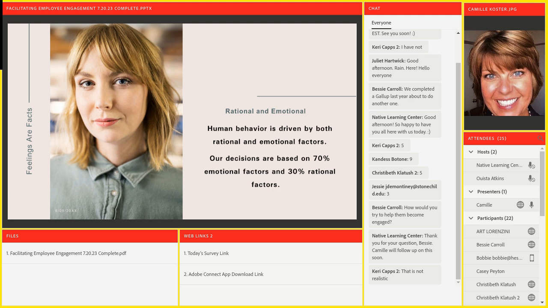We know that the health of the organization is directly connected to the physical, mental, and emotional health of the employees. I think back over my career that I have had 4 bosses in my entire career, and I had 2 that, realistically, looked at me both as a performing individual and as a person with both rational and emotional factors.